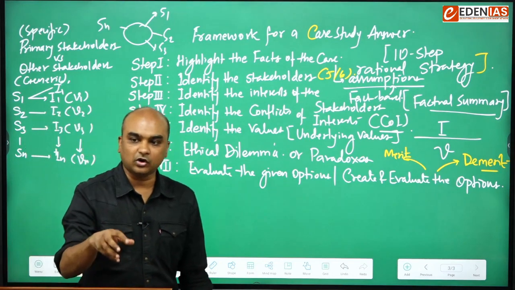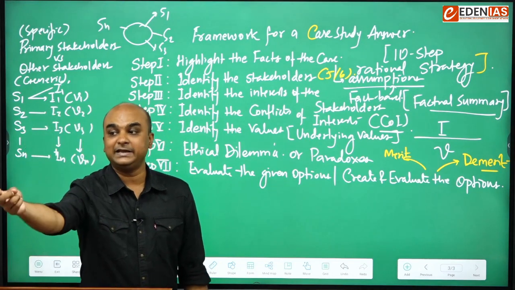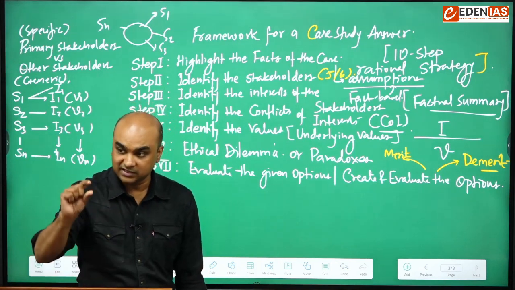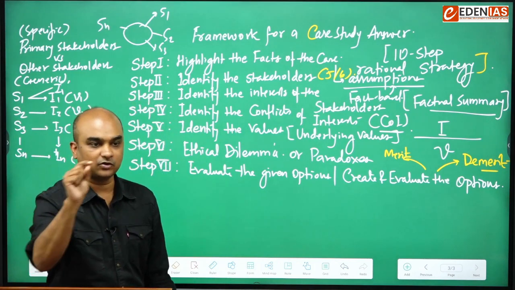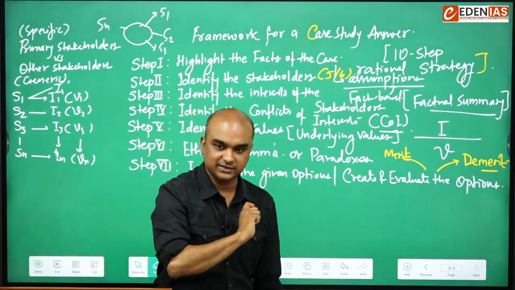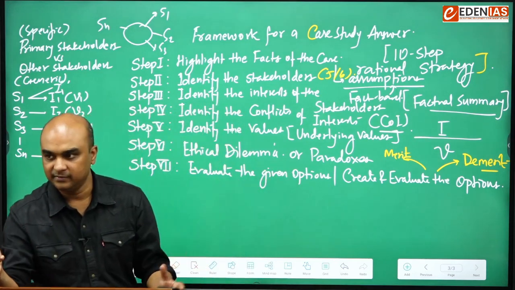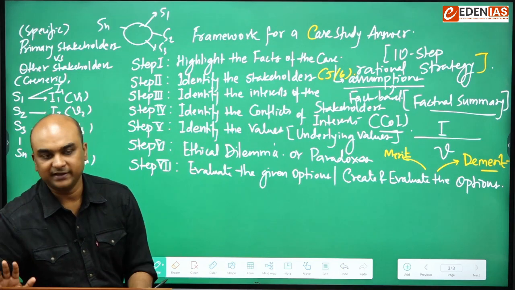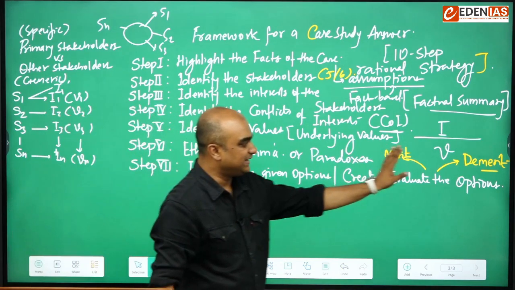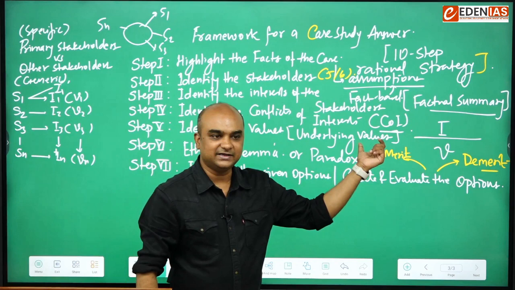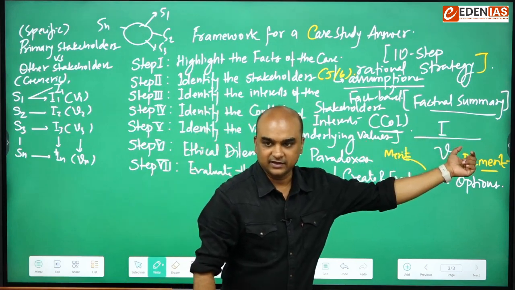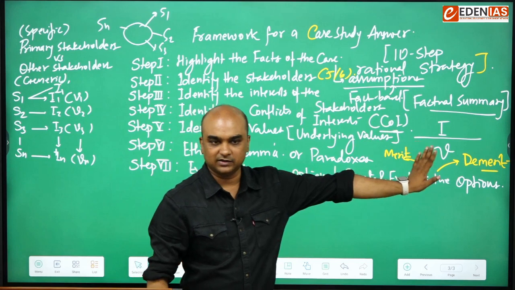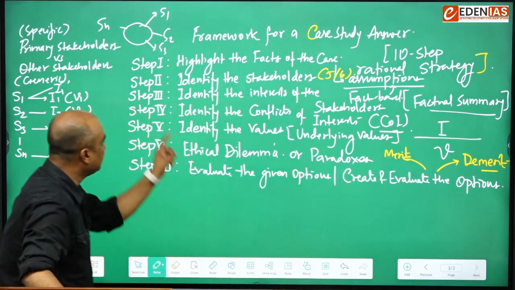And it is not always about how many merits and how many demerits. It's also about the quality of the merit and the quality of the demerit. Do you understand that? So not only quantity but also quality of merits and demerits have to be taken into consideration. Merit and demerit means the advantages and the disadvantages. If you pick this option, what are the advantages and what are the disadvantages.